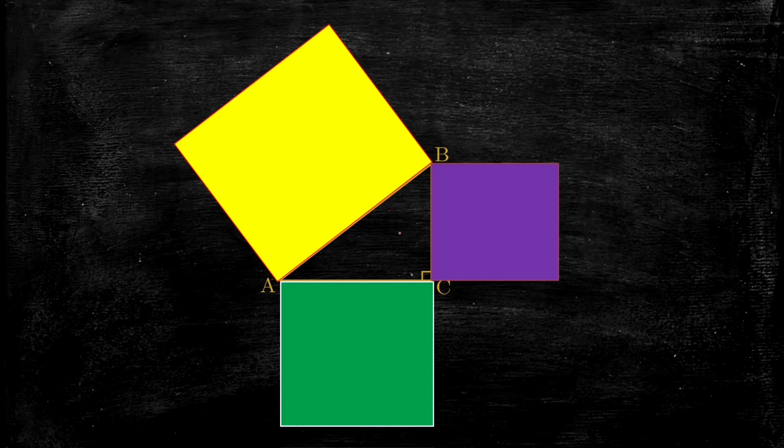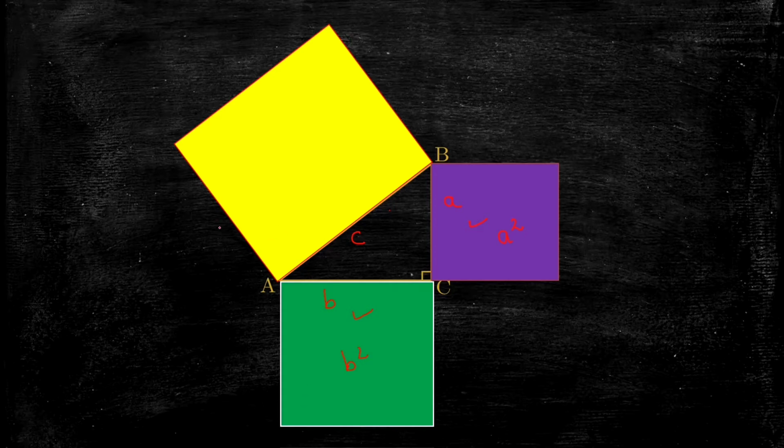What Pythagoras observed was the area of these two squares, the purple and green square, when summed up, was equal to the area of this yellow square. Now, as we already saw, the sides were a here, b here, and this was c. So the area of the purple square would be a square. The area of the green square would be b square because all the sides are b here.